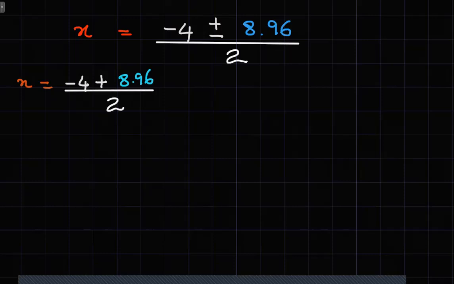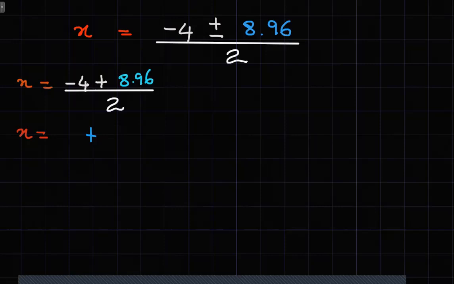All right, so what do we get for x then? X equals minus 4 plus 8.96. Minus 4 and plus 8.96, when you put them together, who's going to win? Because they're enemies. Who's more powerful? Here, plus is more powerful because it has 8.96 with it. So plus is going to win by how much? By the gap. What's the gap between 8.96 and 4?